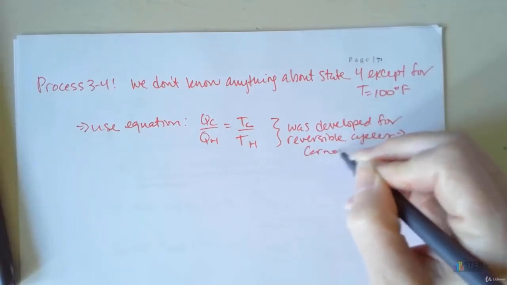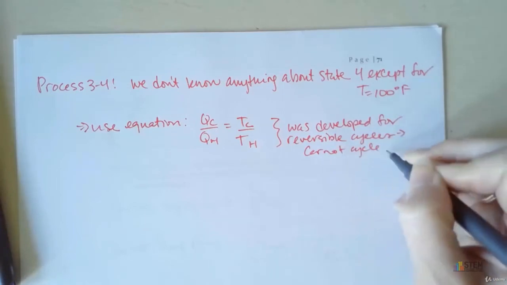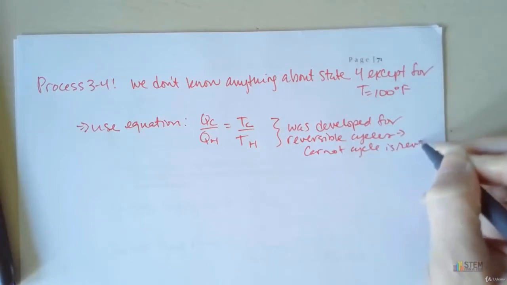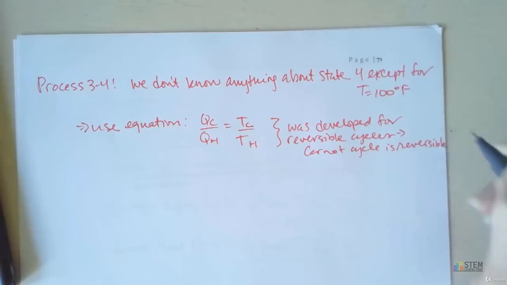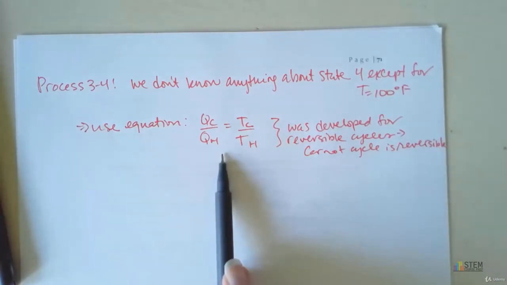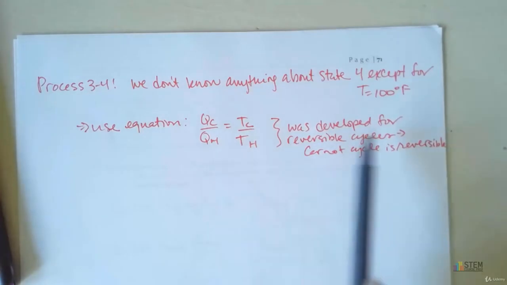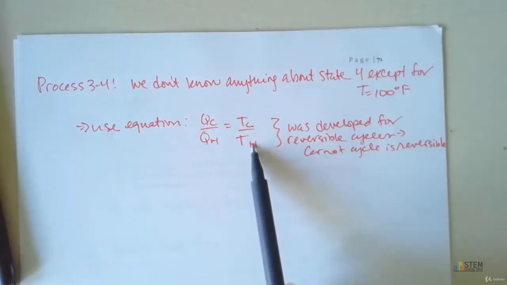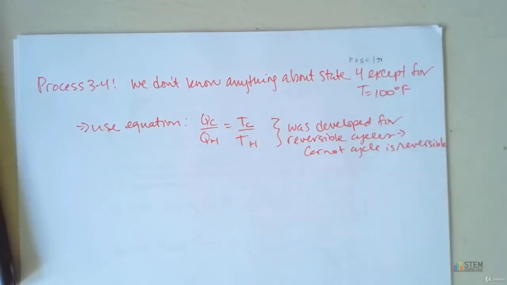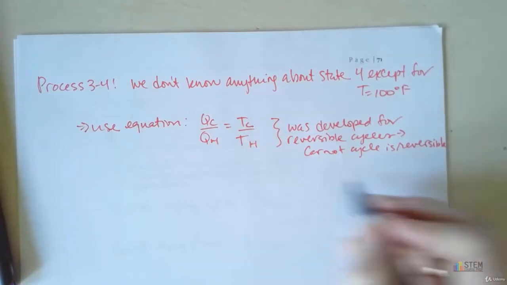And this one is reversible. All right. Now, at least this gives us another equation. So we've got our TC, we know our TH, and now we can go ahead and solve.